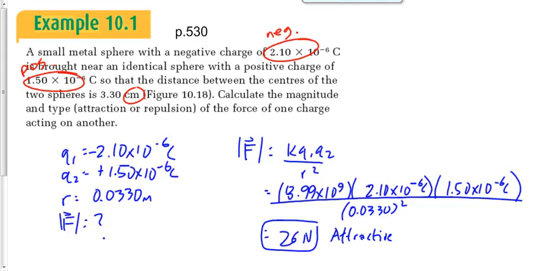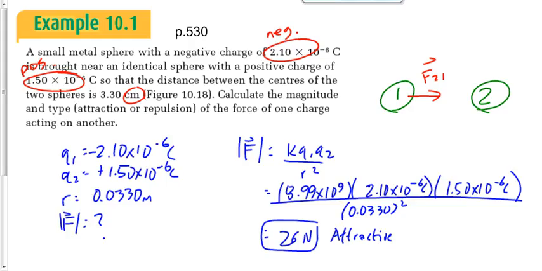Now, one final little thing that I want to explain to you here before we go on to the problems. It says calculate the magnitude and type of the force of one charge acting on the other. If this is charge 1 and this is charge 2, understand when we calculate this force of 26 newtons, it's the force of charge 2 on charge 1.